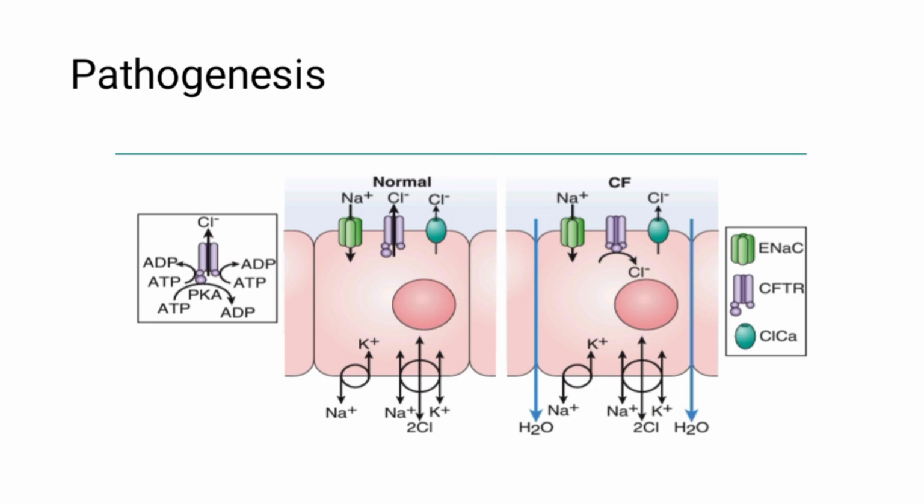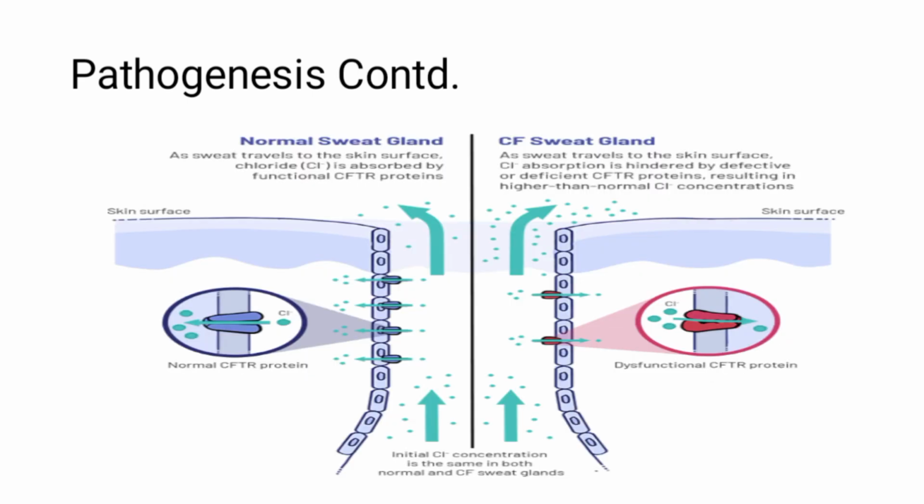But if this gene is mutated, no protein will be formed and there will be no chloride ion excretion in the lumen. But another paradoxical thing occurs in glands like sweat gland, sebaceous gland or even saliva, where chloride ion normally passes in the luminal area, and normally CFTR causes chloride entry from the lumen into the cell.